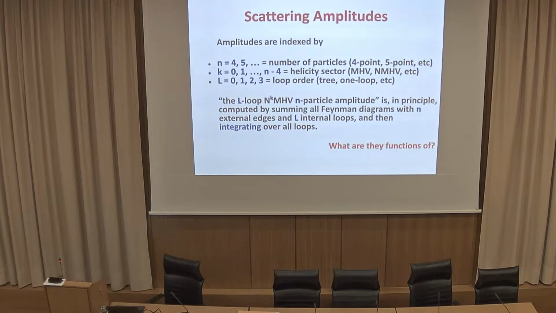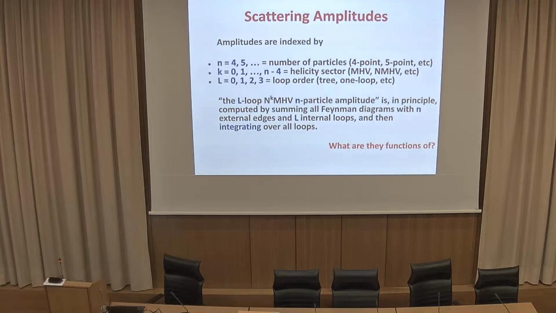Okay, these are important, huge objects, but let me just try to have a cartoon-like description of them. I said each amplitude is indexed by 3 numbers: number of points, helicity sector, and number of loops. Let's think about these amplitudes just as some complicated functions of some kinematics.